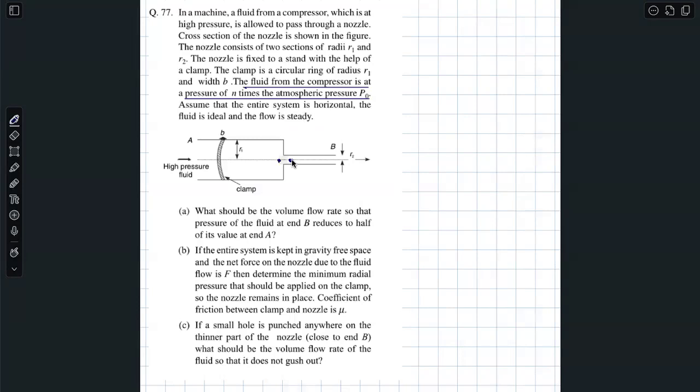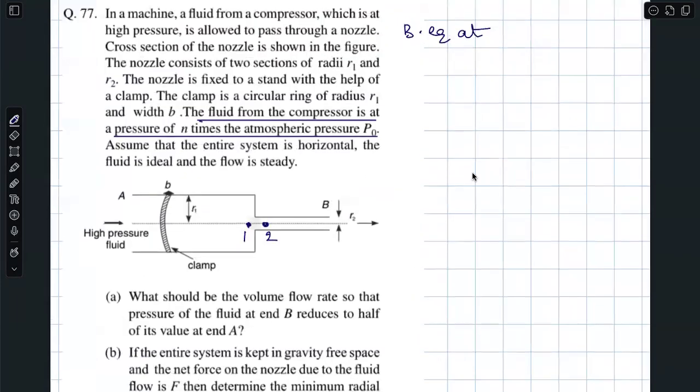Here and here, right? Let this be 1 and let this be 2. Bernoulli's equation at 1 and 2. Here the pressure is nP naught plus half rho.